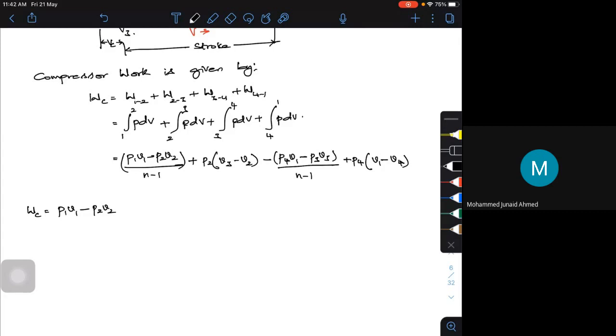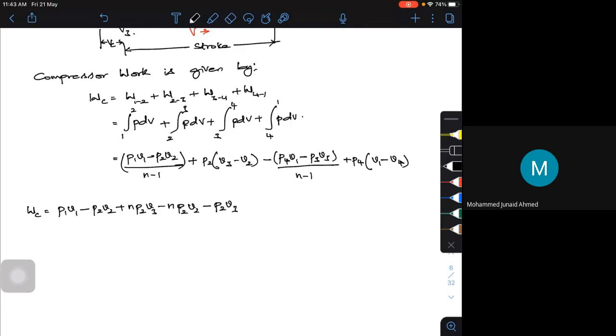So this will be n into P2 V2, minus n into P2 V3, plus n into P2 V3 minus n into P2 V2, minus of we have 1, therefore it will be P2 V3.